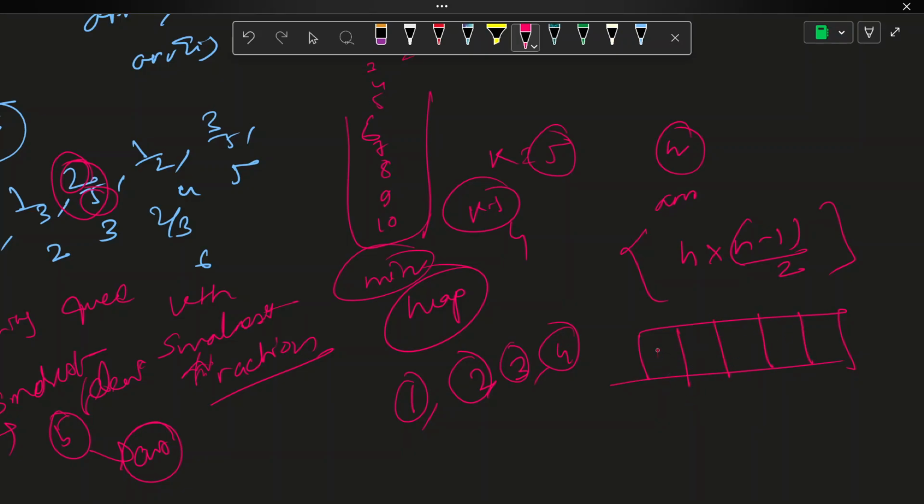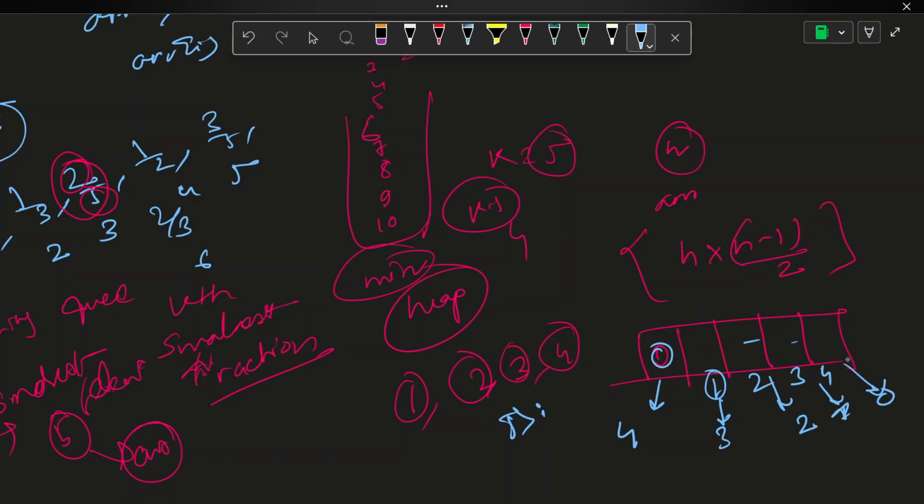For index 0, what are the maximum possible fractions? 1, 2, 3, 4. So for index 0 I have 4 options. For this 1 I have 3 options, because I have to always take the right side. The denominator will always be on the right side, j greater than i. Here the options are 2, here 1, and here 0.